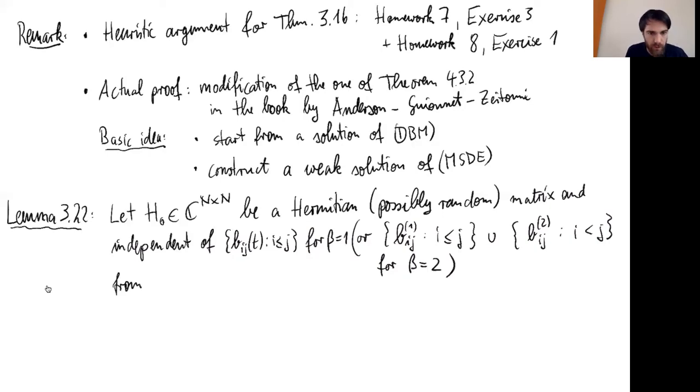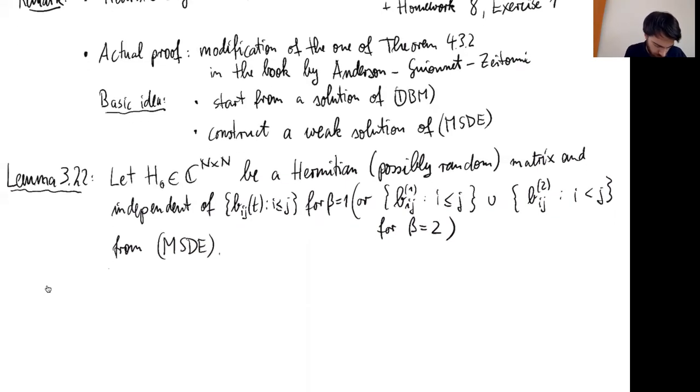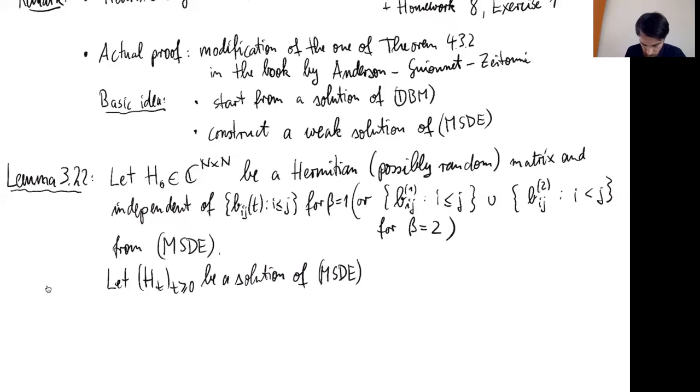From this matrix stochastic differential equation, H_t should be a solution of this MSDE with the initial condition H_0.